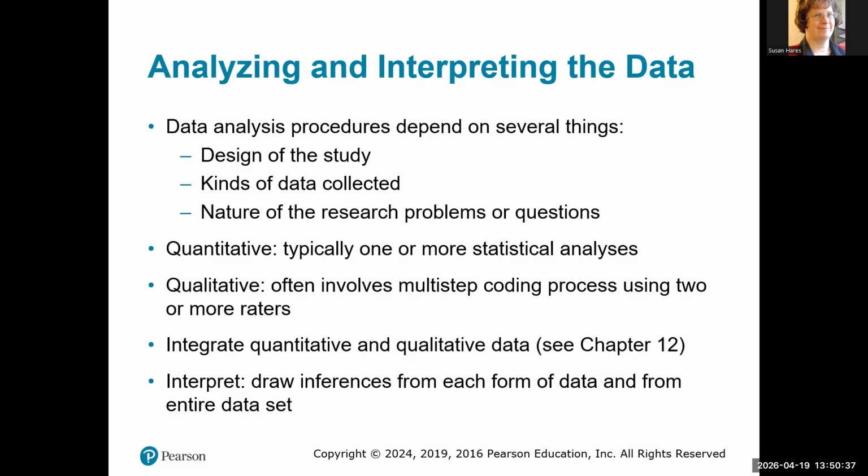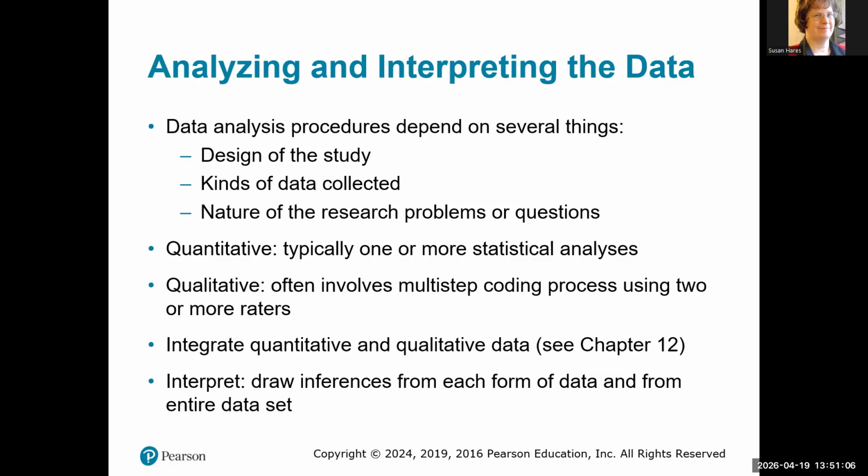Quantitative has usually one or more statistical analyses. Qualitative often involves a multi-step coding process using 2 or more raters. Again, in my own work, I set a code book using 3 raters in a combination with expertise in looking at group dynamics. I then did the coding for my dissertation of the rest of the material on my own.